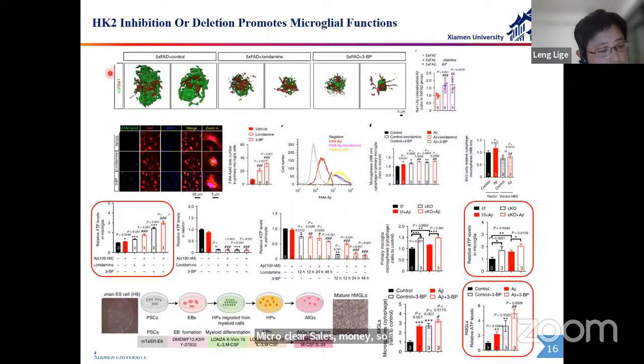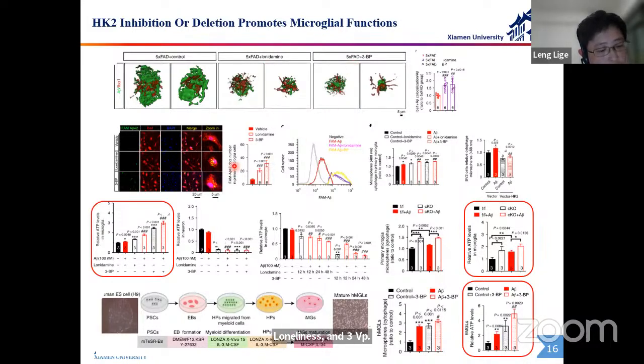Then the quantitative assessment showed a significant increase of overlapping areas of IBA1 and A-beta colocalization in lonidamine and 3BP administration.